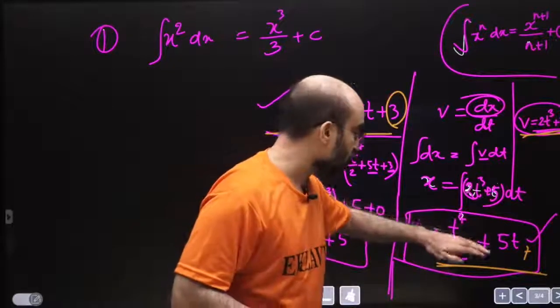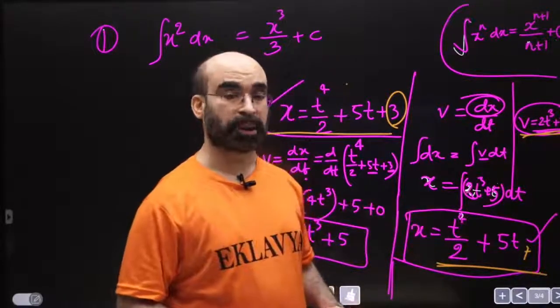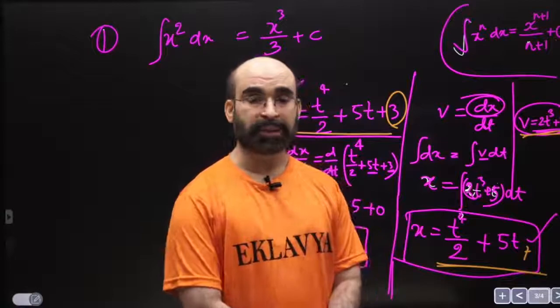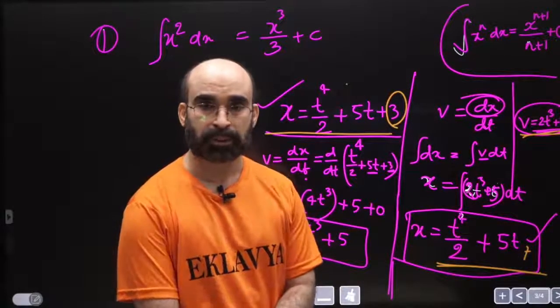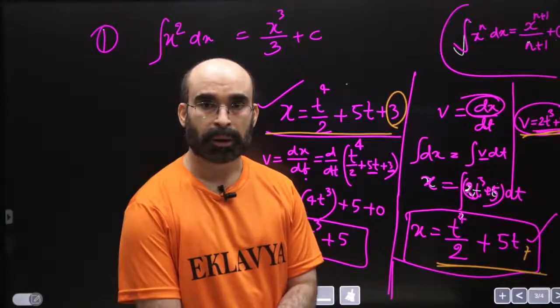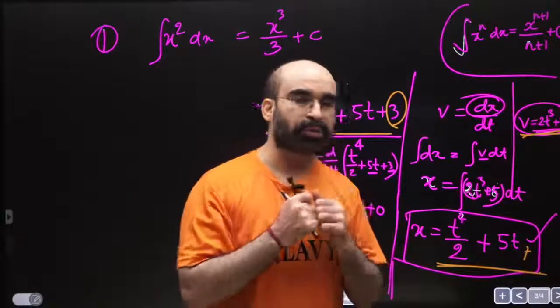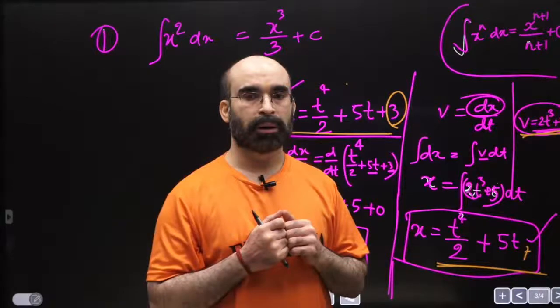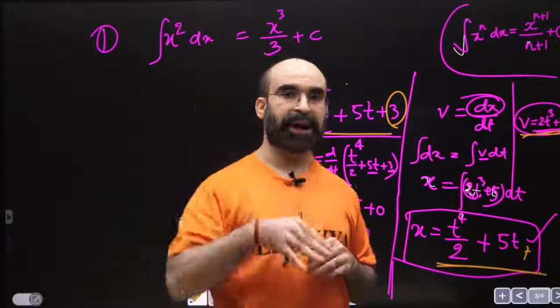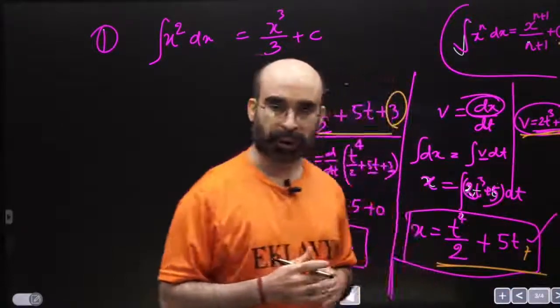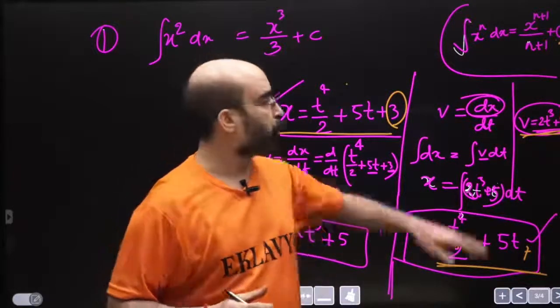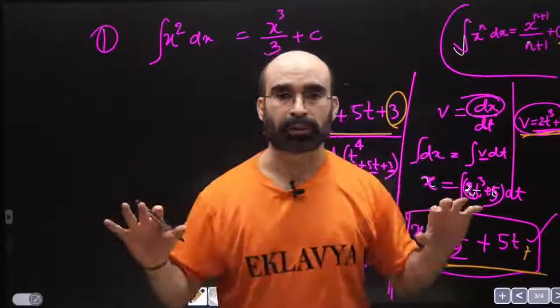If it has to be the correct value of displacement when velocity is this, then there must be some constant in the expression. To incorporate that constant, we don't know what constant might be there. So we put this c here. Okay? We put this c here, some constant, we don't know the value.